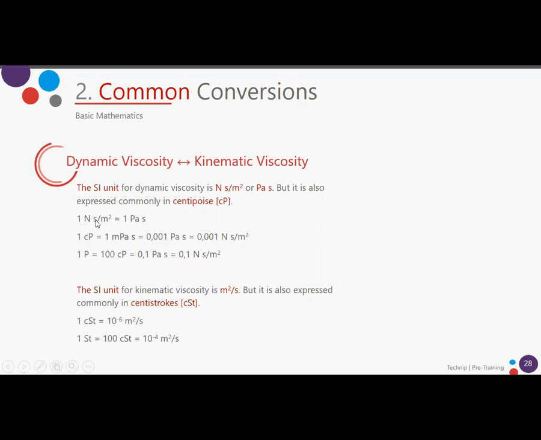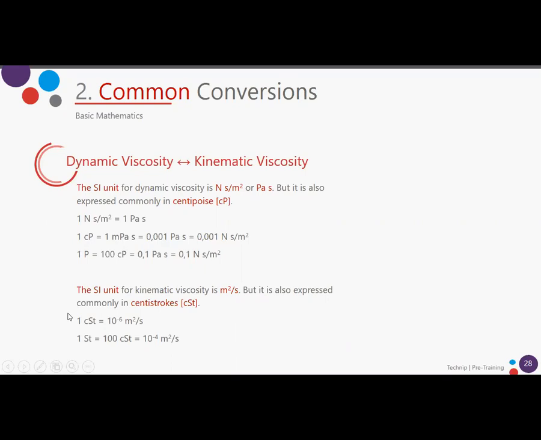So 1 Newton second per square meter is 1 Pascal second, and 1 centipoise is 1 millipascal second, or 0.001 Pascal seconds, or 0.001 Newton seconds per square meter. Again, 1 poise is 100 centipoise, or 0.1 Pascal seconds, or 0.1 Newton seconds per square meter.